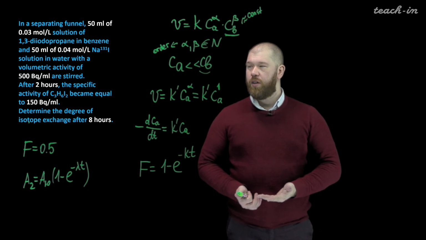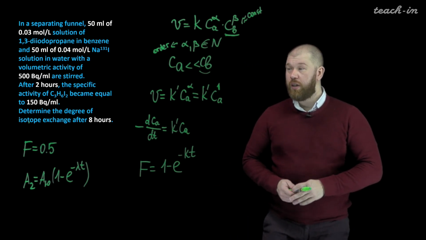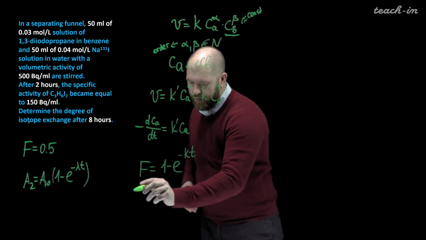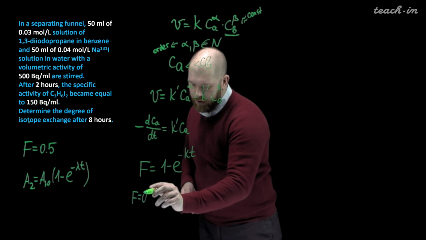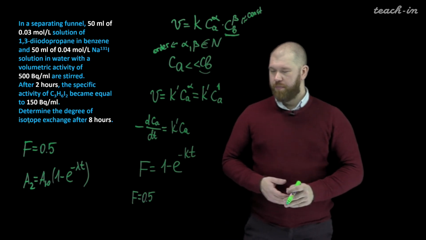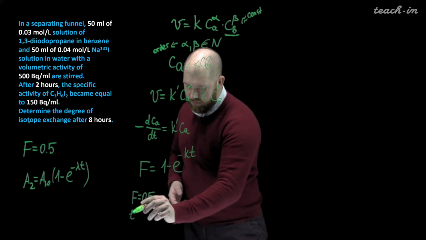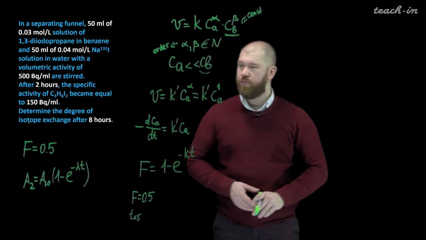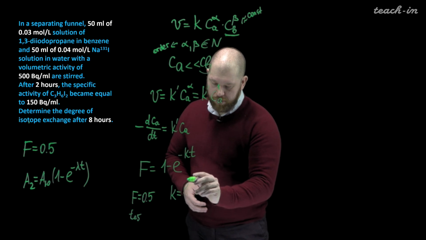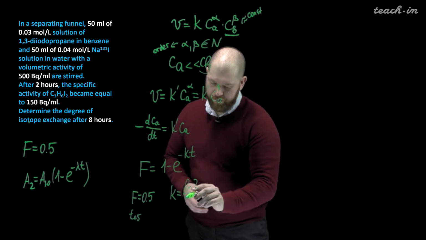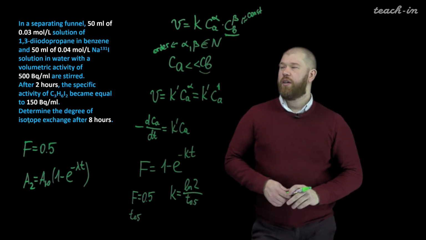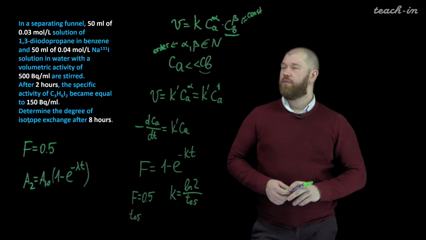So, for example, if the degree of isotope exchange is 0.5, and we know the time of this exchange, we can find that this constant k will be equal to logarithm 2 divided by this time when the isotope exchange is equal to 50%.